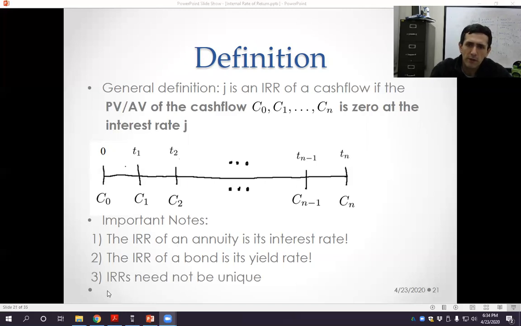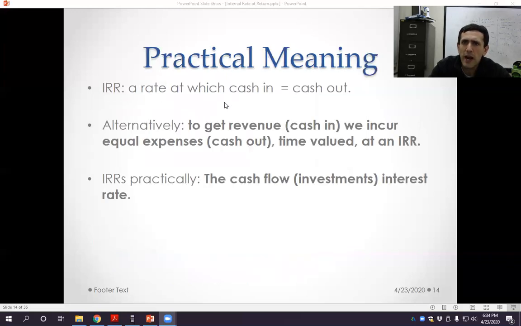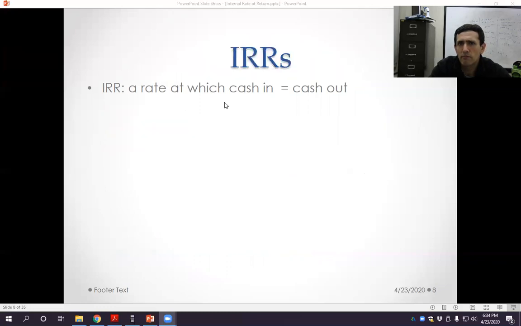Right? Third, and this is a little bizarre, it just happens, internal rates of return are not necessarily unique. As a matter of practicality, what does this mean? Well, it can be true for multiple J's, but more practically, you could have multiple interest rates where time-valued cash in equals cash out.